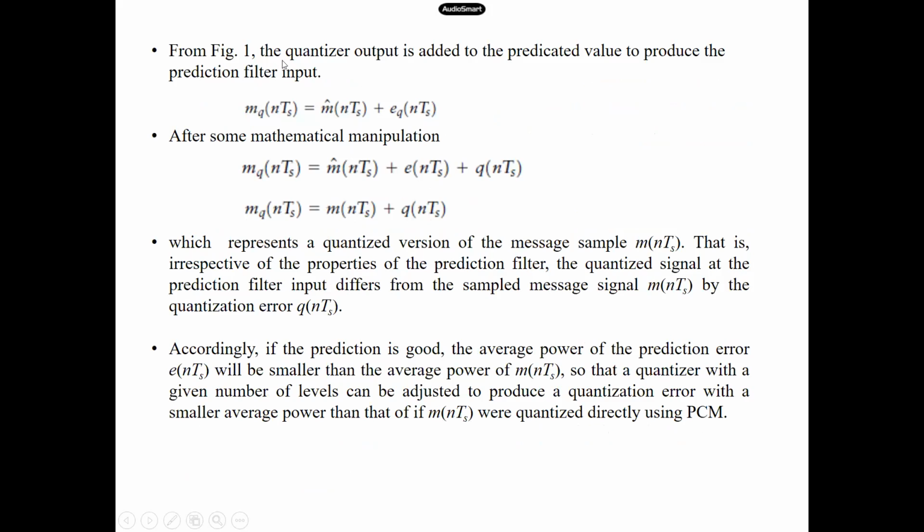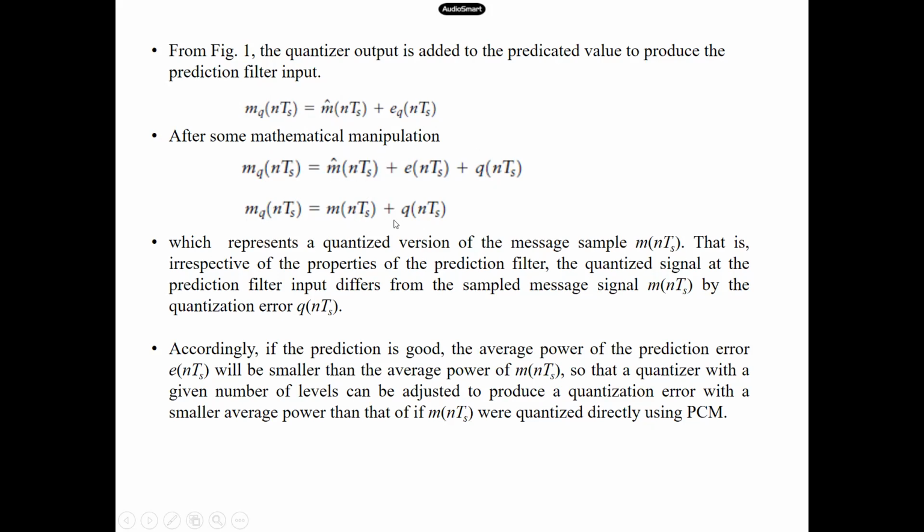From figure 1, we can also say that the quantizer output is added to the predicted value to produce the prediction filter input. So this mq(nTs) is the predicted value of the sample plus the quantization error introduced by us. After some mathematical manipulations, we get mq(nTs) equal to this part.